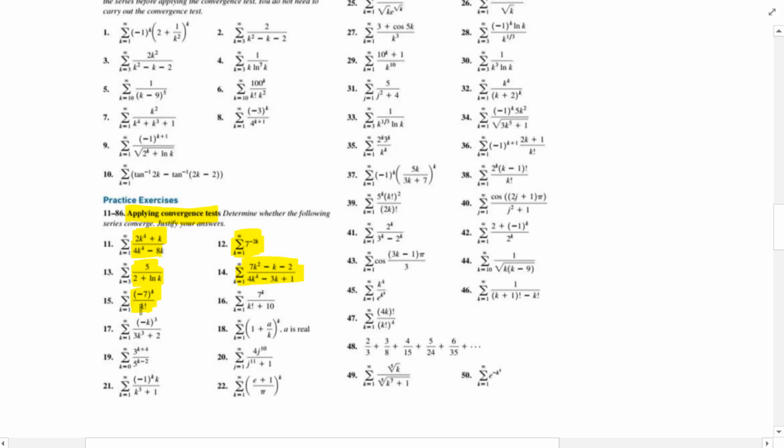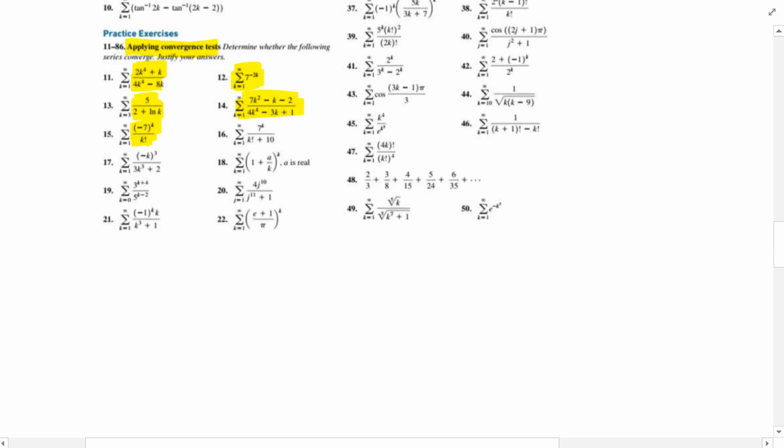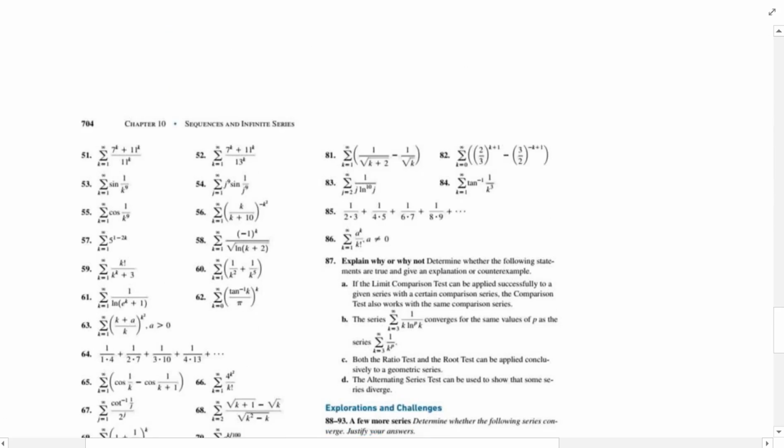For this one I would use the ratio test, and so on. So try and see what kind of method you would use, and then just solve as many as you can. I have 2 pages of those, and I selected a few problems that I wanted to go over. So let's begin. Example 1.